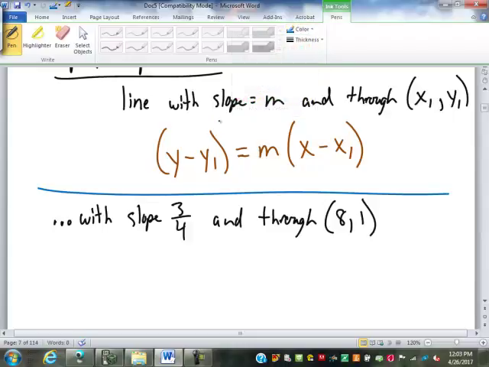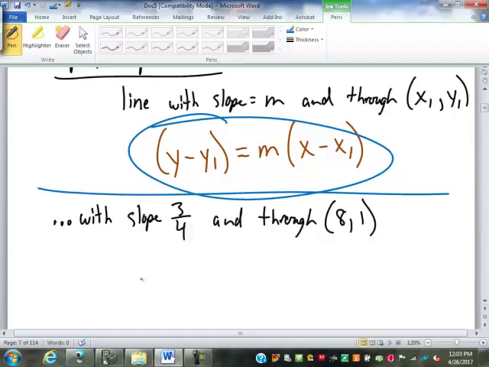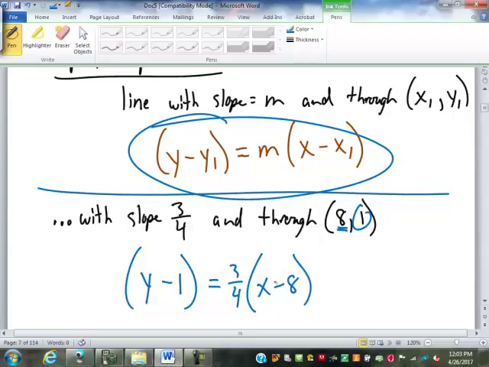With point slope form, all I'm going to do is y minus y1, and y1 is going to be 1. So y minus 1 in parentheses equals my slope of 3/4 times in parentheses x minus x1, and x1 is going to be 8. So there's an equation.